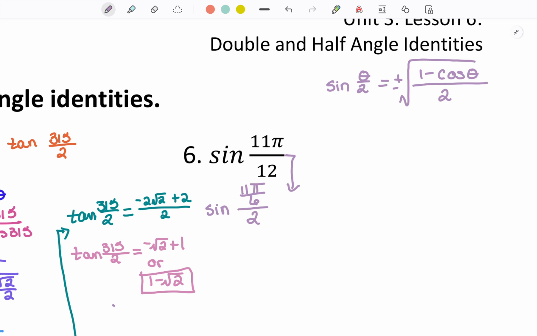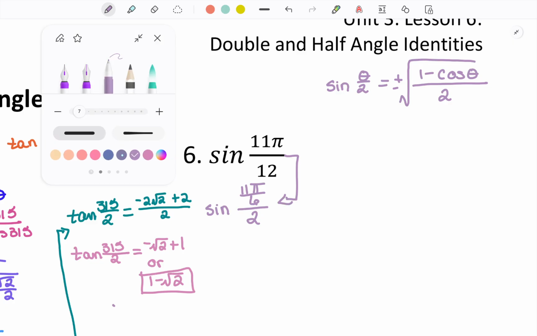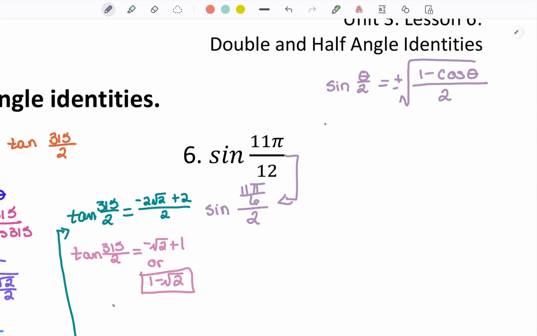So we are going to go ahead and use our 11 pi over 6. Let's get that plugged in. We have the sine of 11 pi over 6, then divided by 2.